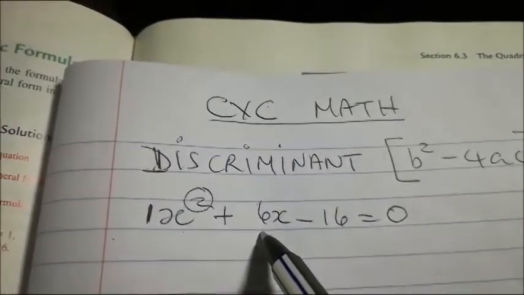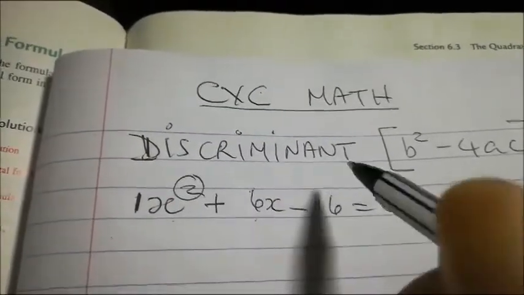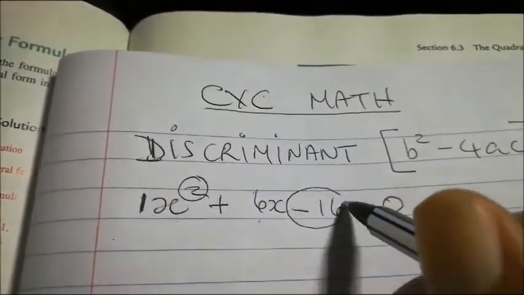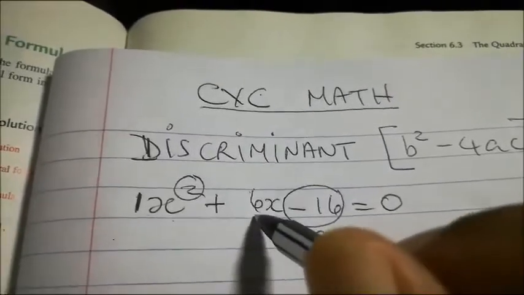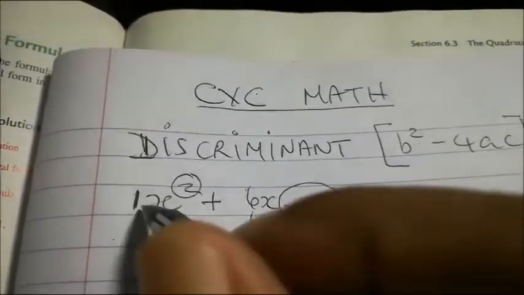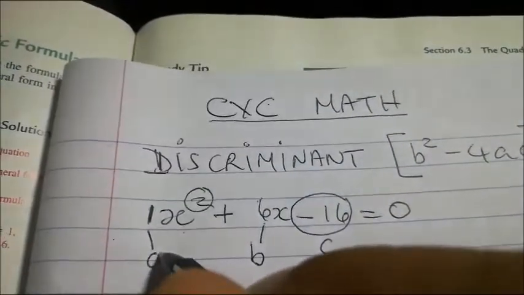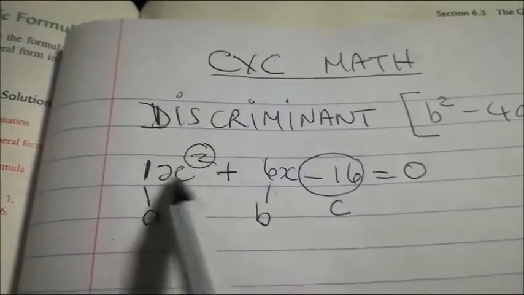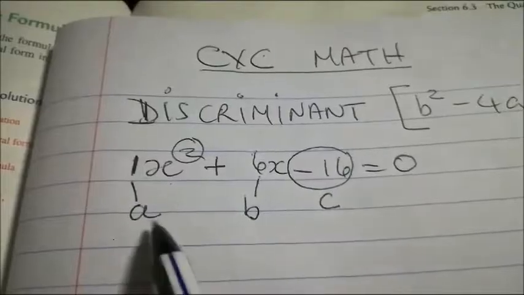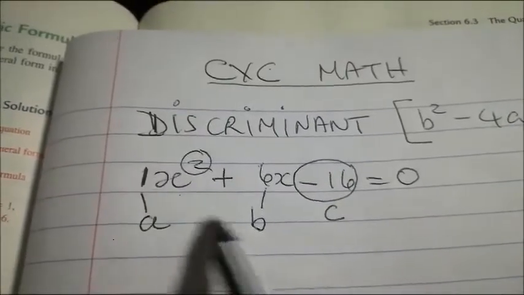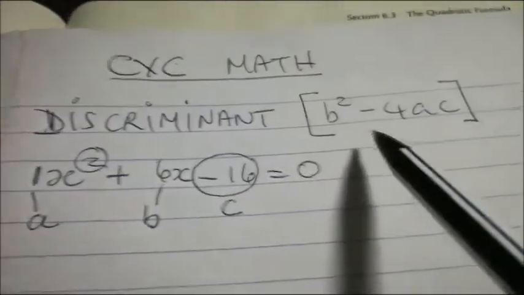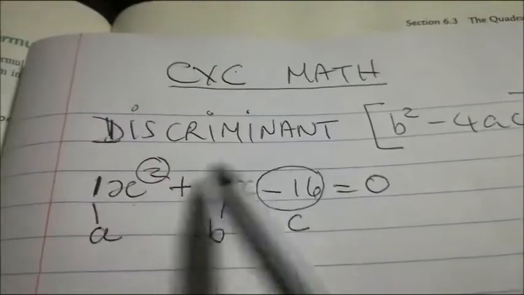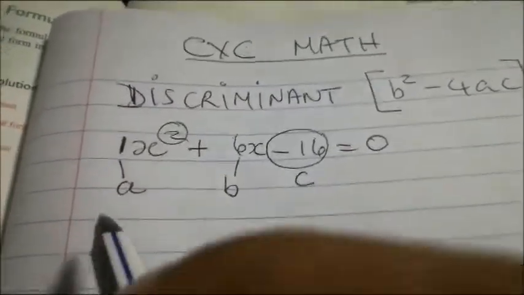This number before the x is 6, and this negative constant, negative 16, is what we call C. This one is what we call B, and this one is what we call A. So these are the coefficients found within the quadratic equation, and we're going to substitute the numbers into this formula to determine what kind of values we're going to get for x.